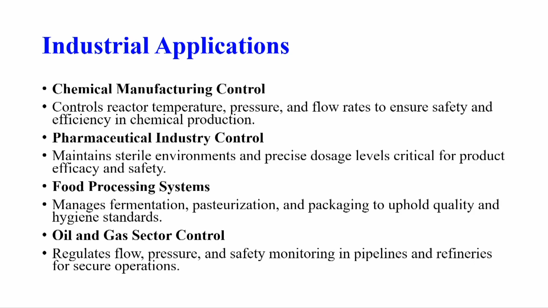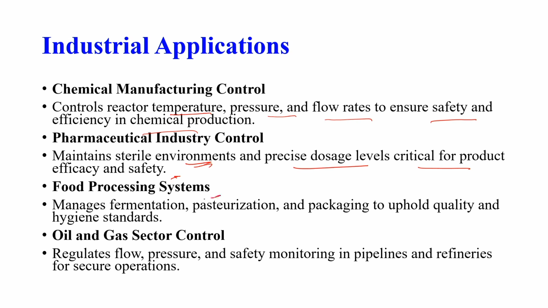taking place. So, as we discussed earlier also, this process control system has utility particularly in manufacturing sectors or process industries. For example, in chemical manufacturing, it controls the reactor temperature, pressure and flow rate to ensure safety as well as efficiency in chemical production. In the pharmaceutical industry, it maintains a sterile environment and precise dose levels, which are critical for product efficacy and safety.